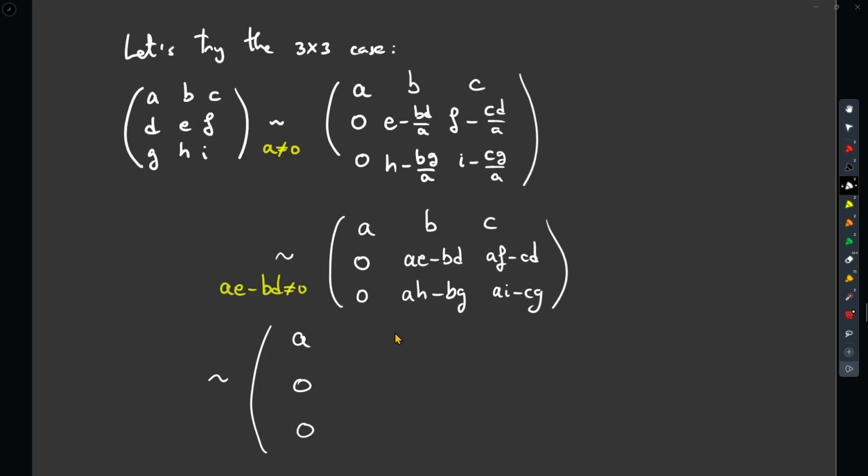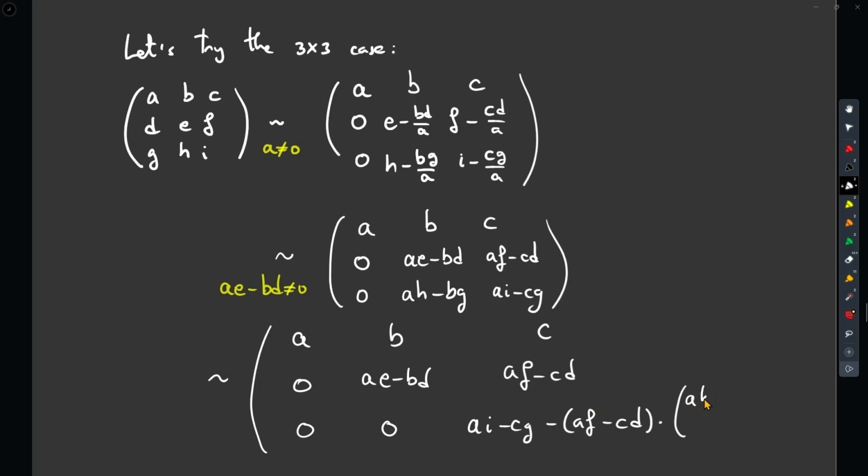In this, I eliminate this entry, and then what I get is AF minus CD. And the expression that I get here is AI minus CG minus (AF minus CD) times (AH minus BG) divided by (AE minus BD).